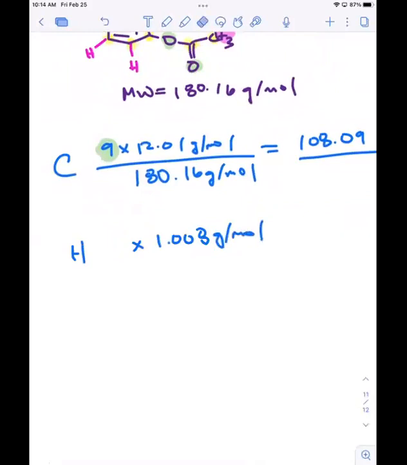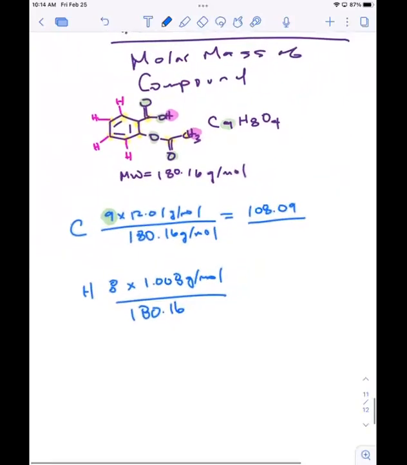Divided by the total molar mass. So we have the molar mass and we have a formula. We can figure out the percentages of each one of those atoms that's in that particular compound, right?